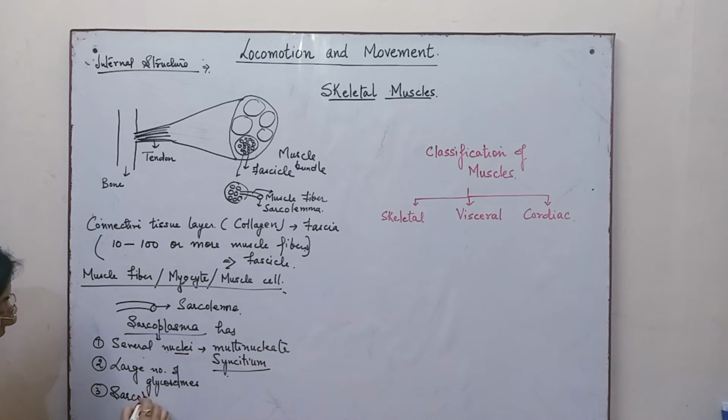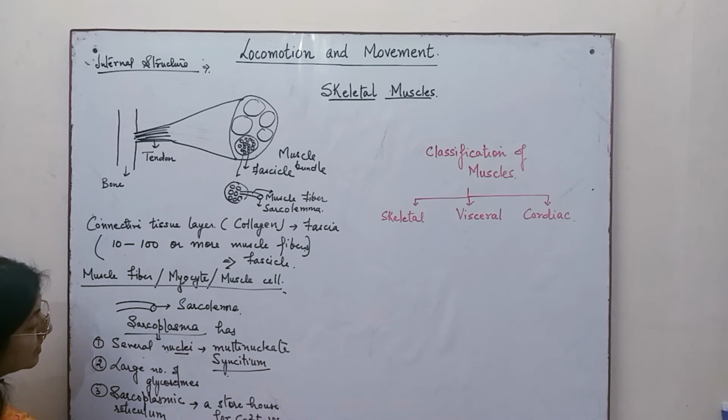The sarcoplasmic reticulum, which is present in this sarcoplasm, is a storehouse for calcium ions, and these calcium ions play an important role in the membrane potential. There is a shift in the membrane potential, which is very, very important for muscle contraction.